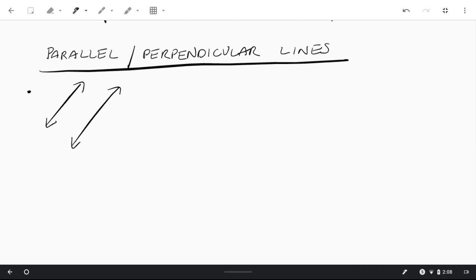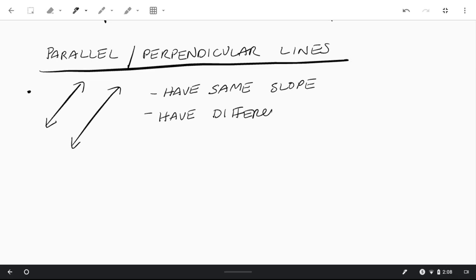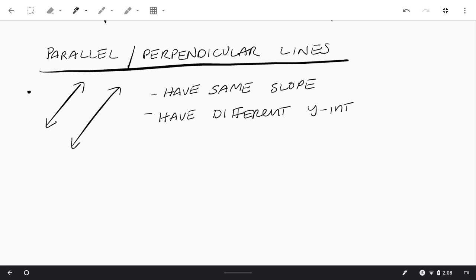Parallel lines have the same slope, and they have different y-intercepts.